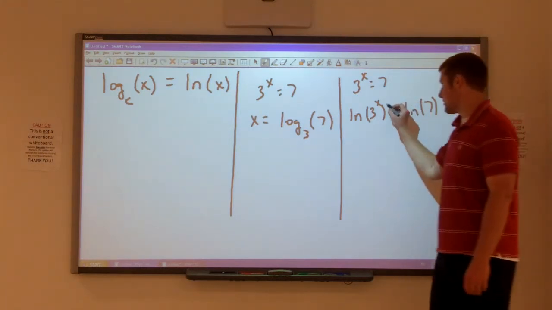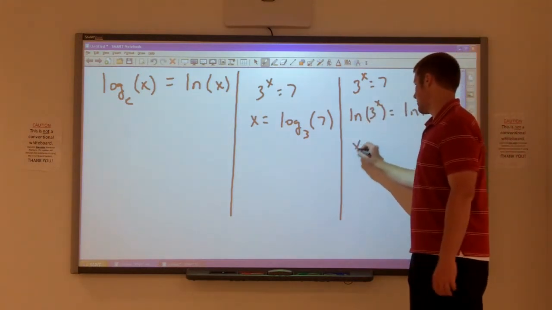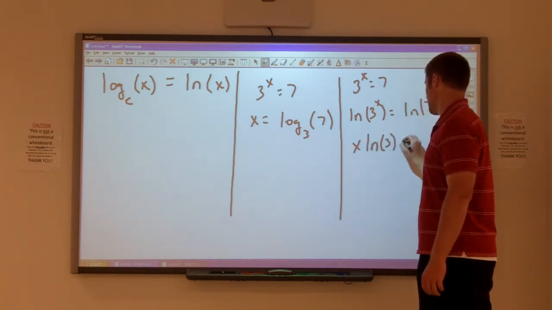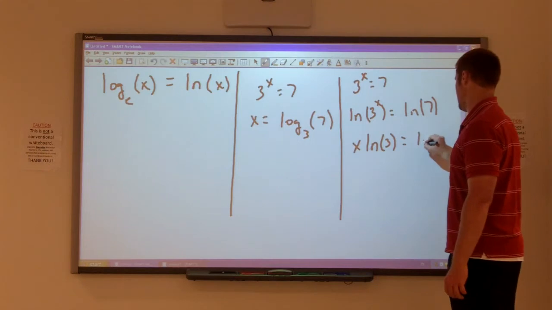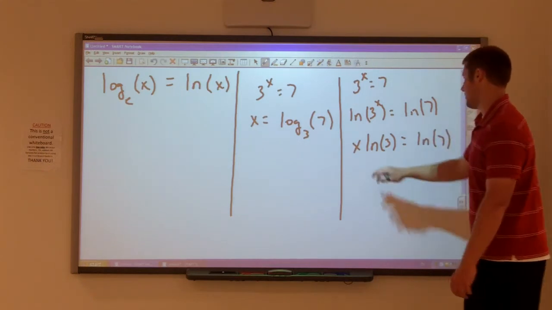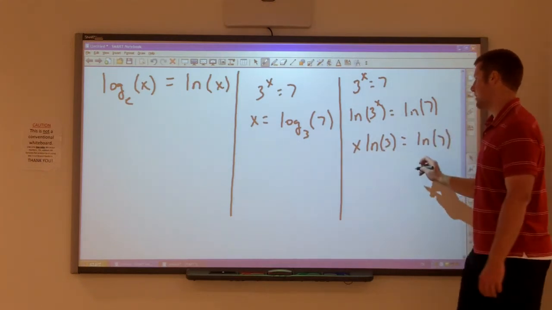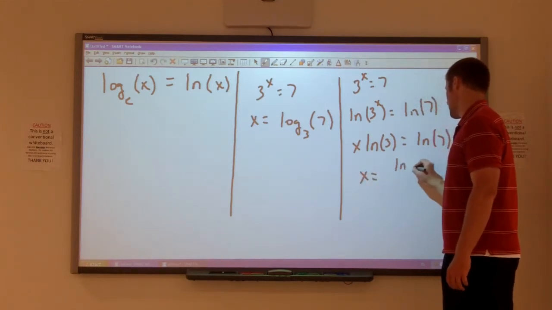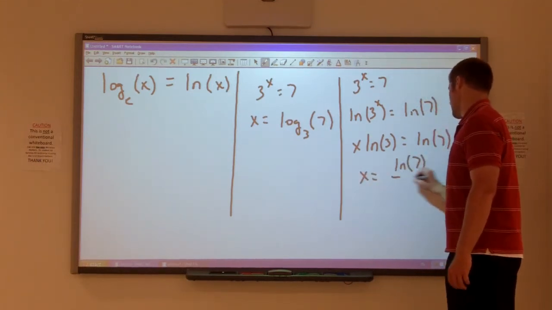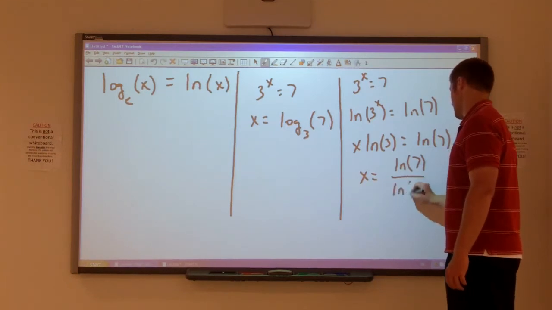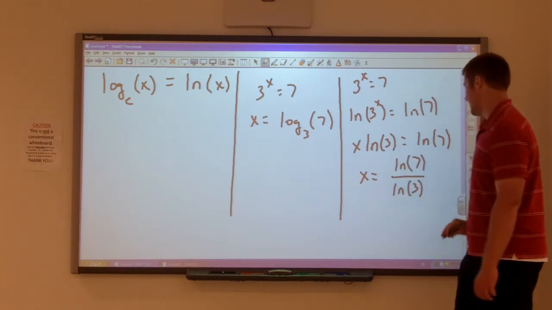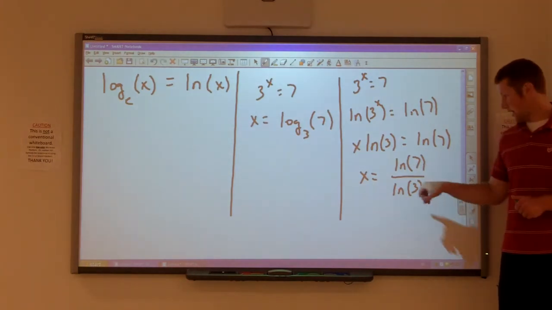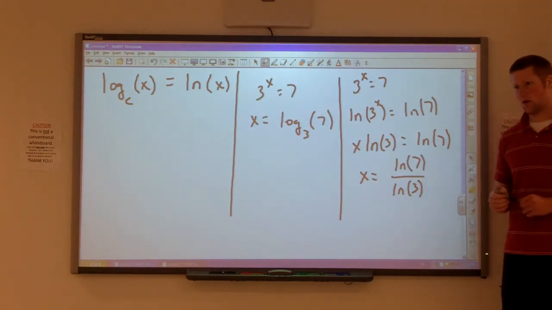Well, recall that we can move this x in front of our logarithm. And now we have this equation. We can divide by the natural log of 3. And we get that x is equal to the natural log of 7 over the natural log of 3. That we can put in a calculator and we can evaluate that.